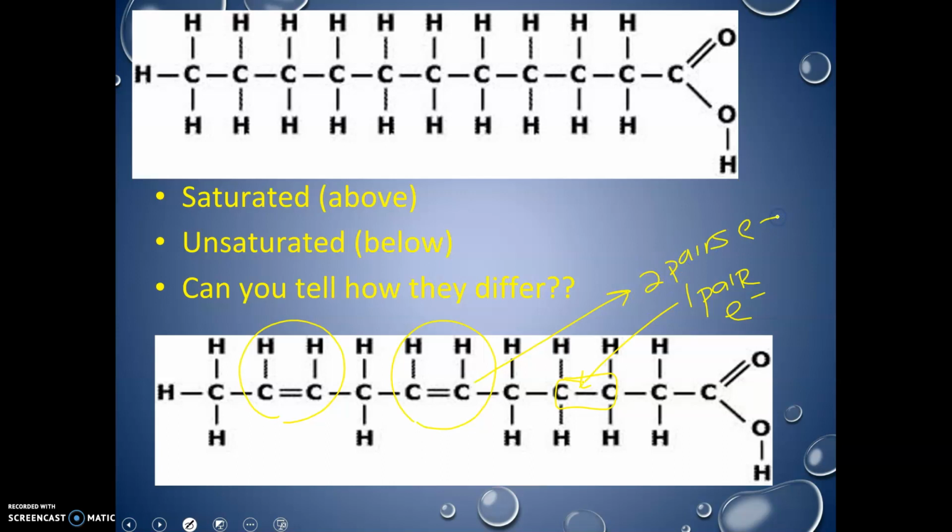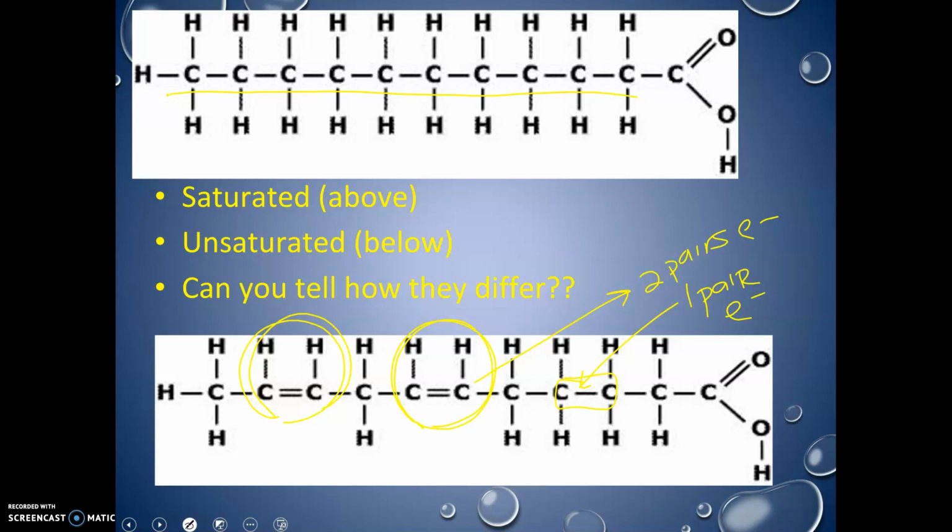Now you might say, okay, so what? How does that affect them? Well, it turns out that these double bonds cause this fatty acid to sort of bend or fold into a particular shape that makes it a liquid at room temperature. Whereas this one, the one on top, the saturated one, all the bonds between the carbons are single bonds.